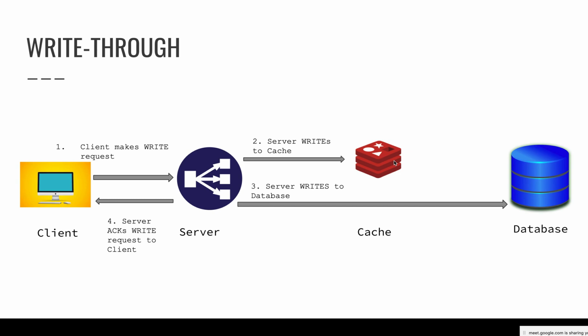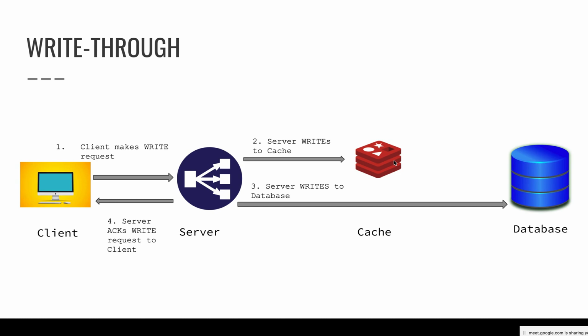Now let's walk through this sequence diagram from left to right. There is a client which makes a write request to the server. For example, some piece of data you want to write to the database. So you make a request to the server. The server will write that piece of data in the cache, then will write the same piece of data in the database as well.